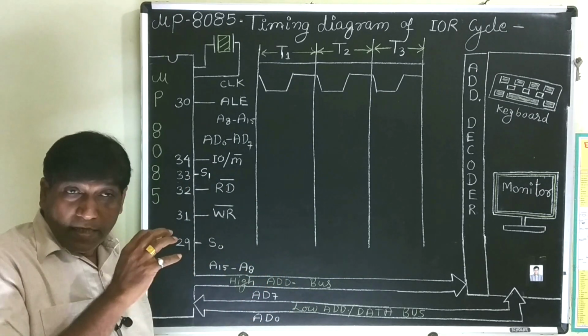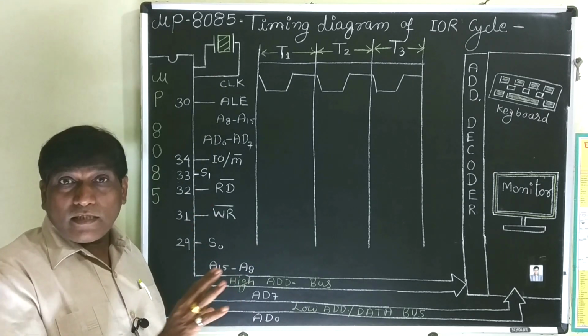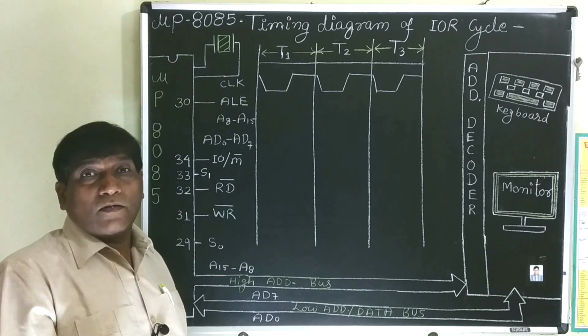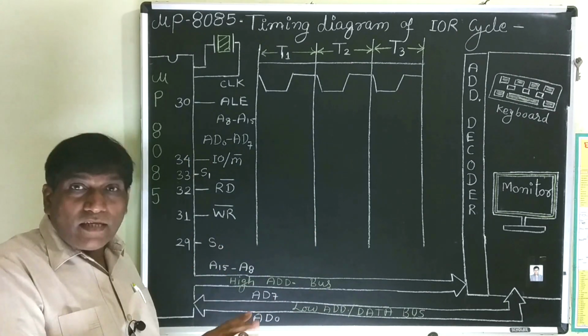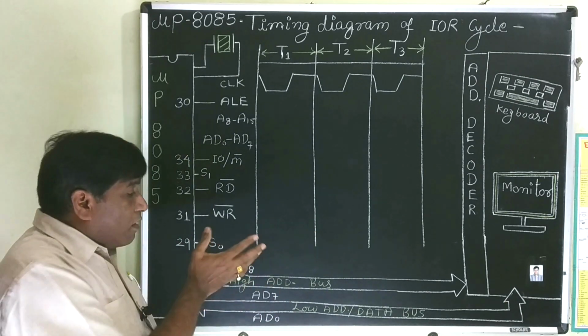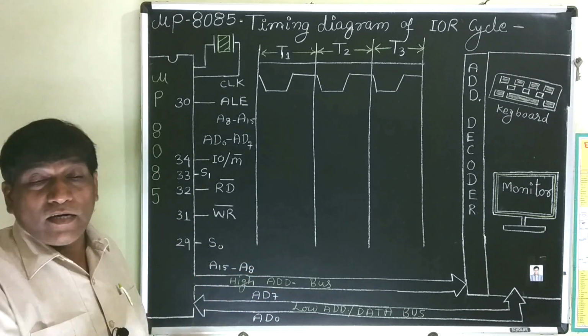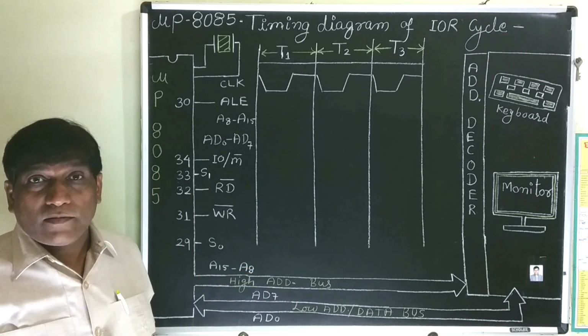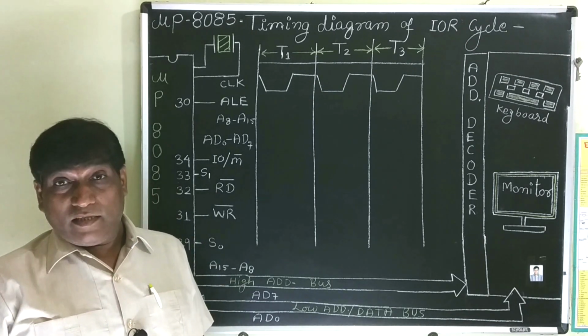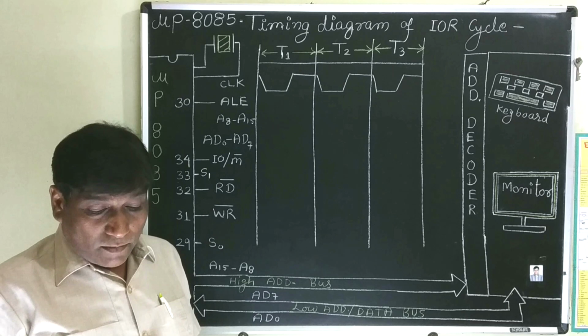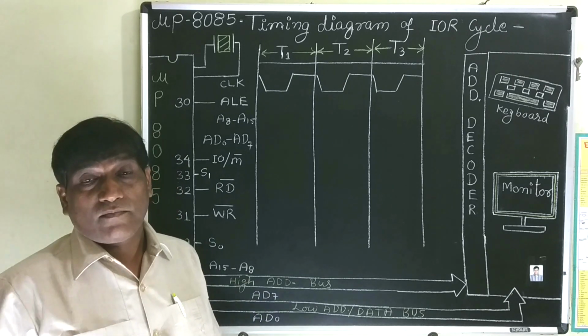Which means these address buses, data buses and different control signals must be connected with all the devices, whether it is an input device, an output device or different memory locations. Now the question is, how many input output devices are supported in microprocessor 8085?